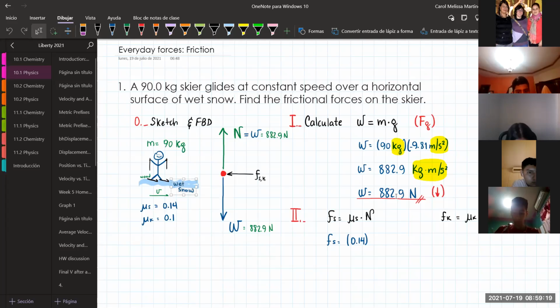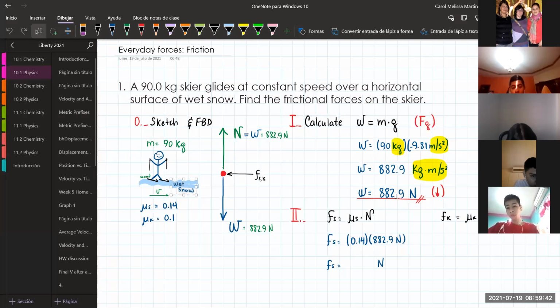And we multiply this times the normal force, that is 882.9 Newton. So friction is a kind of force that is also going to be measured in Newton. Take a look, it is the only unit involved in the formula, so the final answer will be newtons.